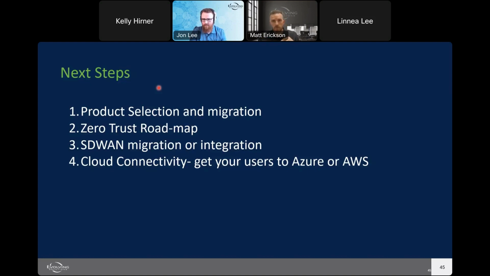We're still working with a lot of folks on their Azure and AWS deployments, trying to get their users direct access to those applications when they're outside of the office. That's a pretty common ask, sometimes in parallel with the common VPN replacement projects we typically see.